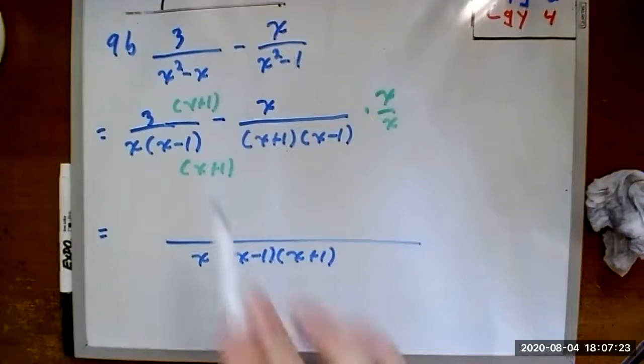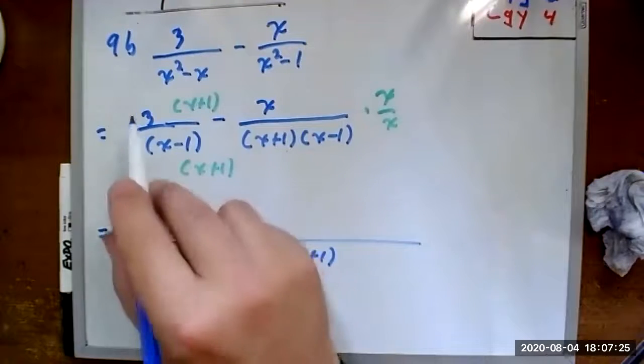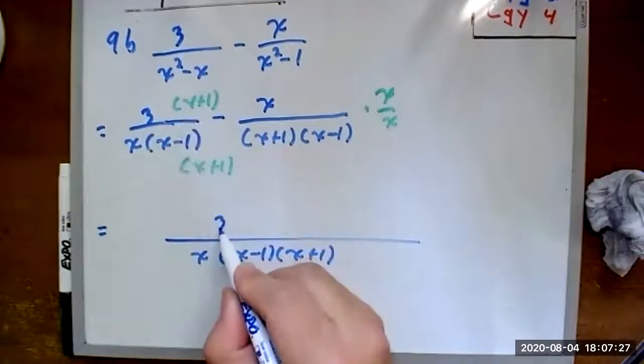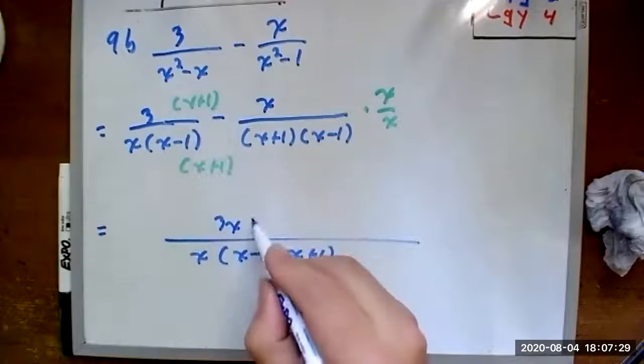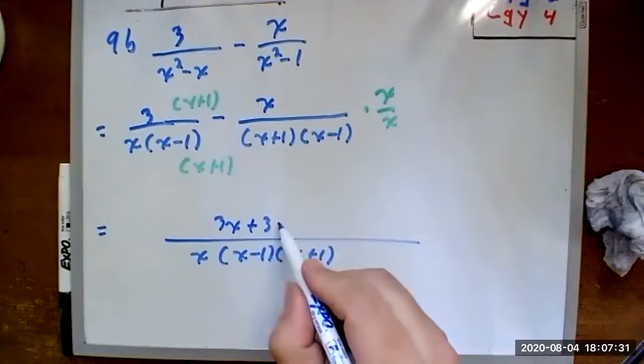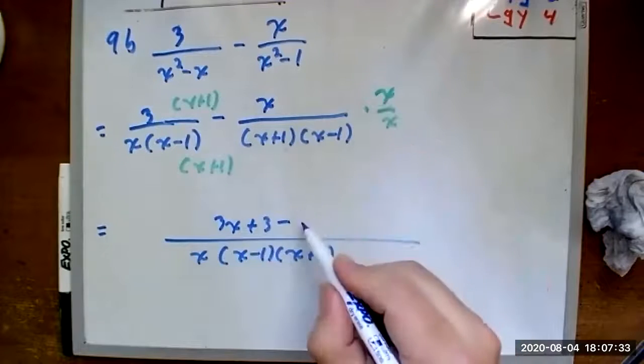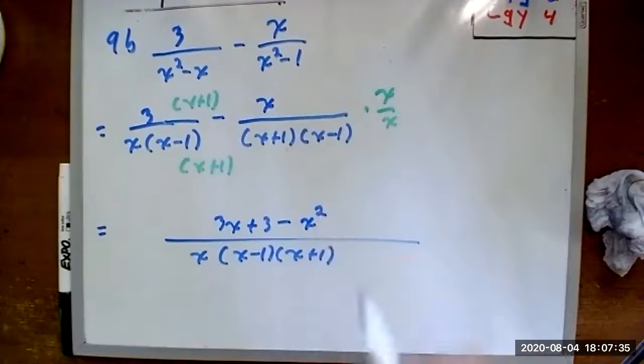Our denominator stays as x times x minus 1 times x plus 1. No problem there. 3 times x plus 1: 3 times x is 3x, 3 times 1 is 3, x times x is x squared. And then we can just leave it just like that.